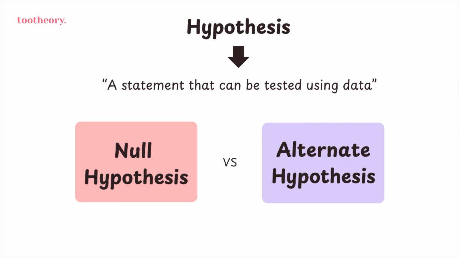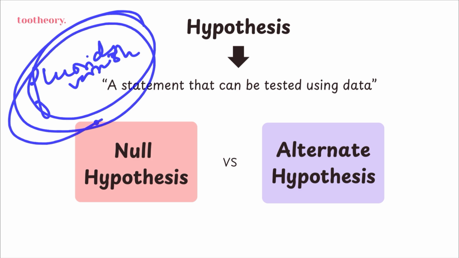So first of all, what is a hypothesis? A hypothesis is simply a statement that we want to test using the data. Think about it this way. For example, if I have invented a brand new fluoride varnish, I believe my varnish prevents cavities better than the regular varnish.